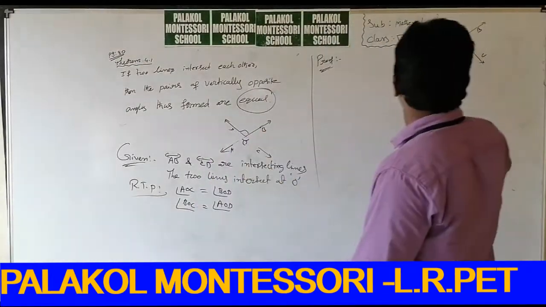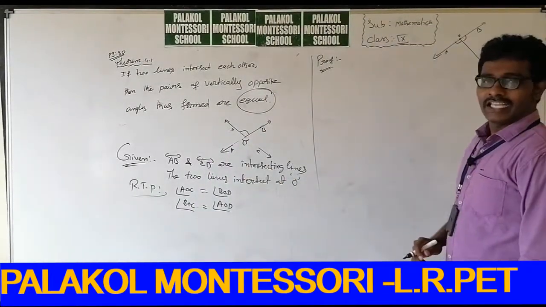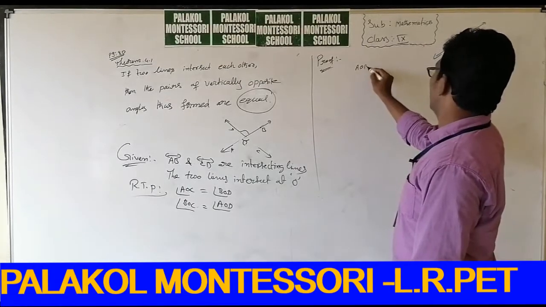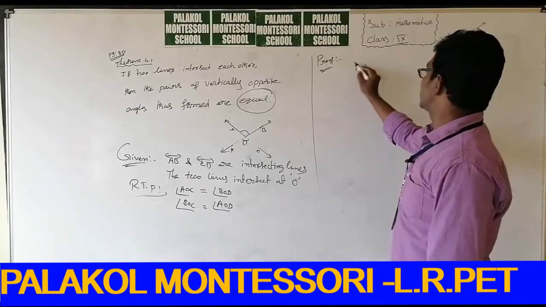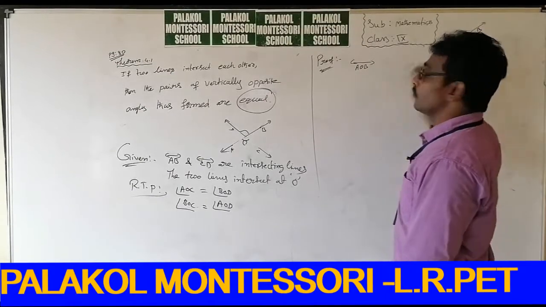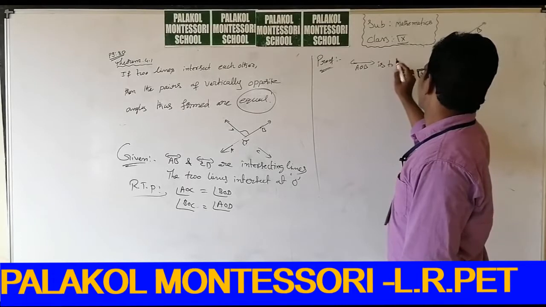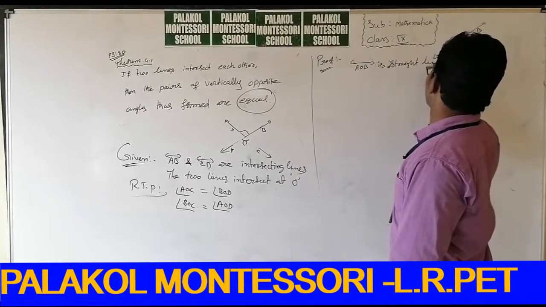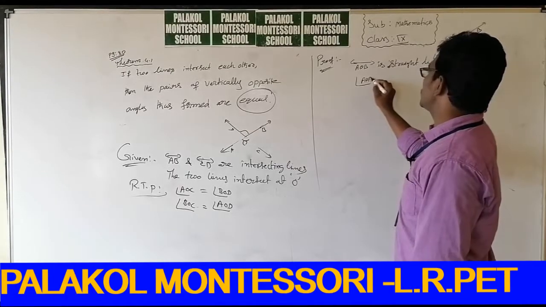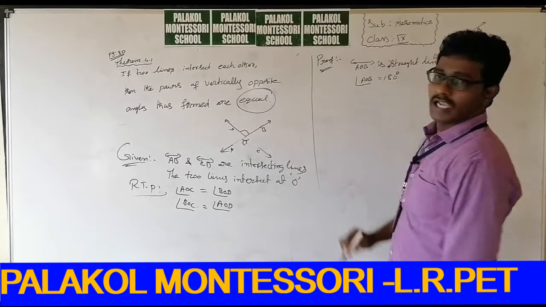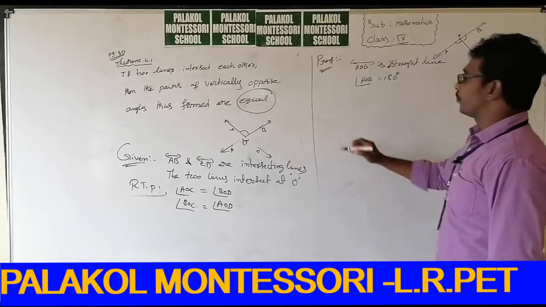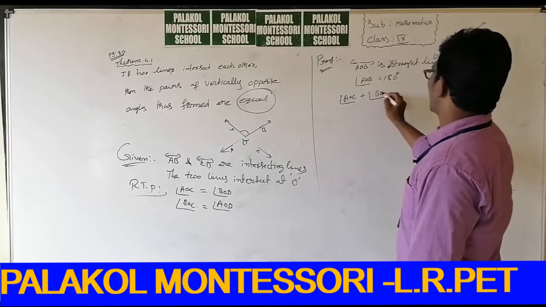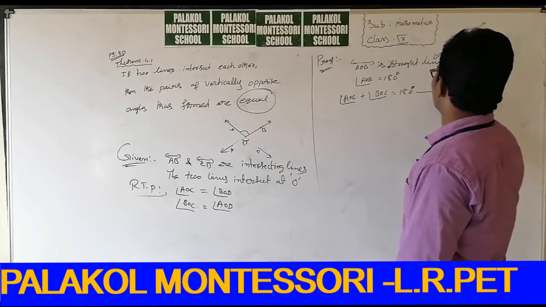It is a linear pair. Angle AOB is a straight line, which means angle AOB equals 180 degrees. Angle AOB divides into two parts: angle AOC plus angle BOC equals 180 degrees. Equation 1.